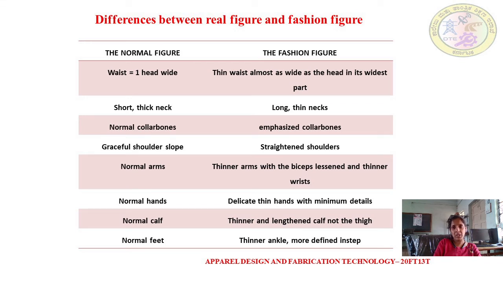Their hands and fingers are thin and delicate, but with minimum detailed structure. Even thighs are thin, calf is also thin. Then the ankle will be thin and the step will be defined with special characters and features.